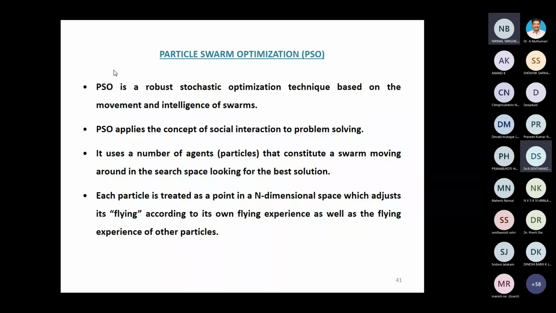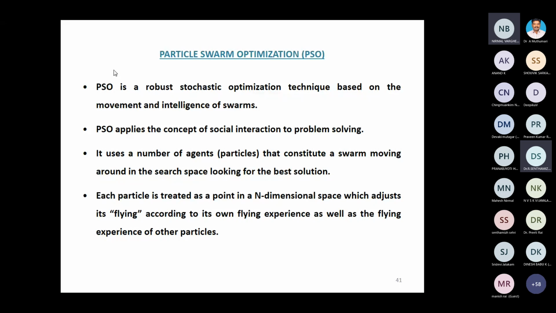Now, PSO applies the concept of social interaction to problem solving. Of course, you can take any social-related problems and solve them with PSO. It uses a number of agents, so-called particles, that constitute a swarm moving around in the search space looking for the best solution.